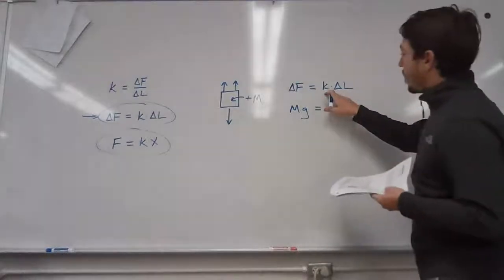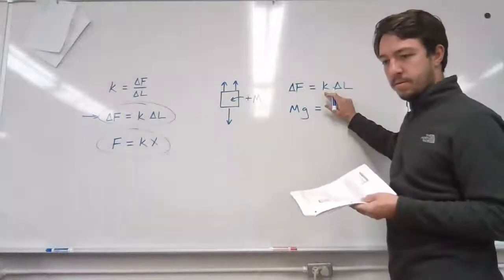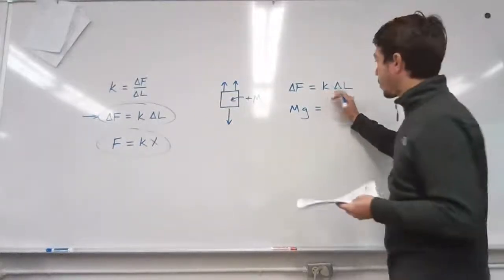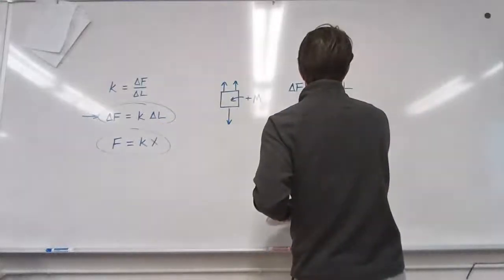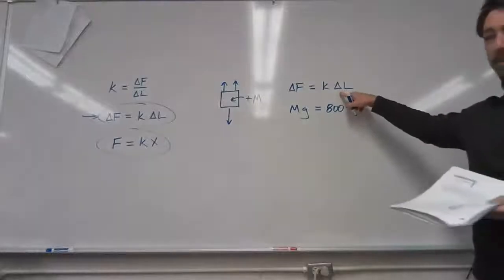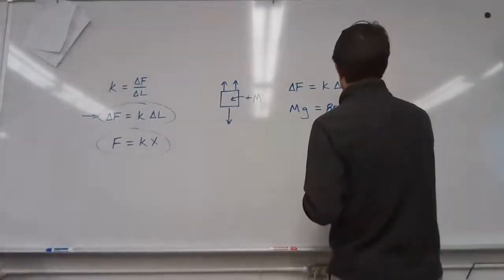So now, what's my k value? 800. And what's the desired change in length that we're going for? 0.4 meters.